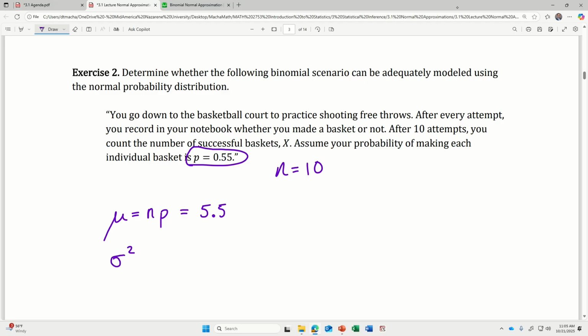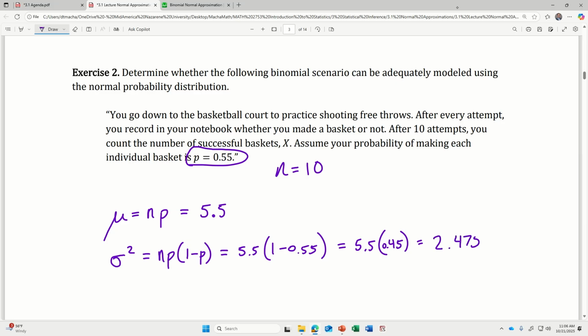My variance of this binomial distribution is going to be n times p times 1 minus p, which is going to be 5.5 times 1 minus 0.55. In other words, 5.5 times 0.45, which is 2.475.